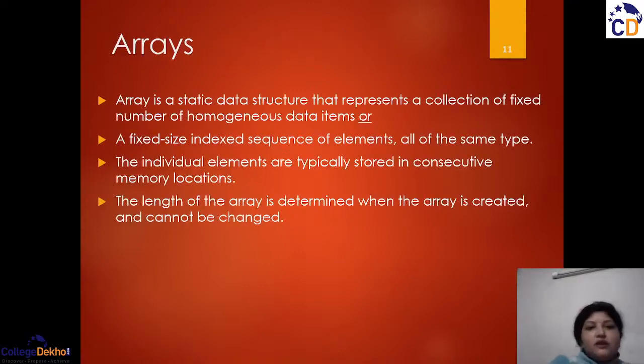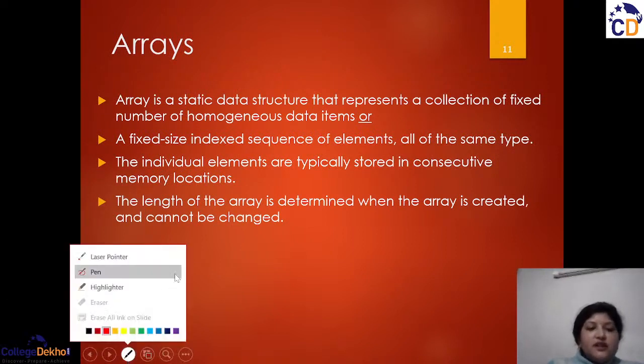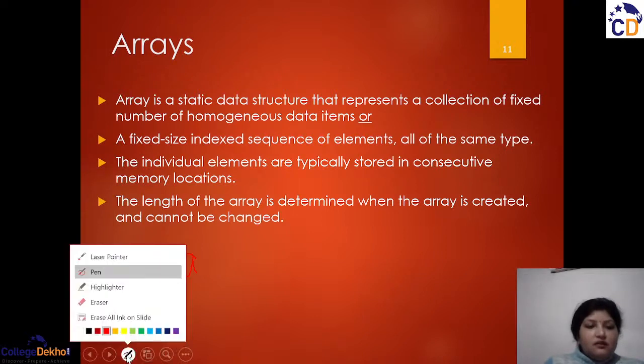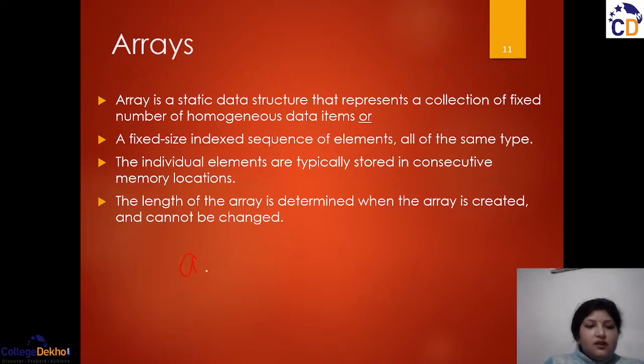Starting with arrays, an array is a static data structure that represents a collection of a fixed number of homogeneous data items. Now let me tell you what a homogeneous data item is. Suppose I am saying A, and it is holding some values.